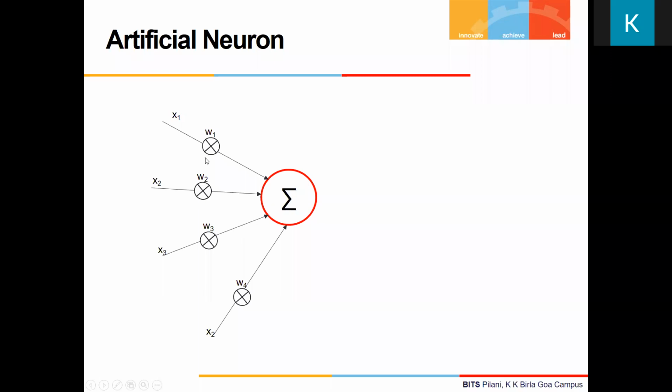These are numbers which represent how strong the connection is between this particular neuron and a particular neighbor. Practically, when we implement these weights, they are nothing but numbers which represent the strength of the connection. The higher the weight value, the stronger the connection.